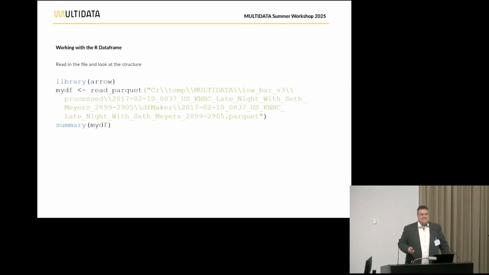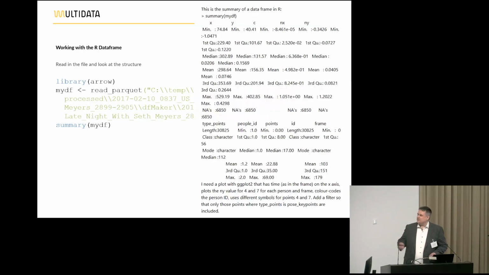But we don't actually need to do much. We're going to use this library, which allows us to read the Parquet files that come out of DFMaker. It's called Arrow. I don't know why, but it's called that. So we load that, and then we just say, read this file. This is for the video that we just saw, and give me a summary. With that summary, I stop programming and go to ChatGPT.